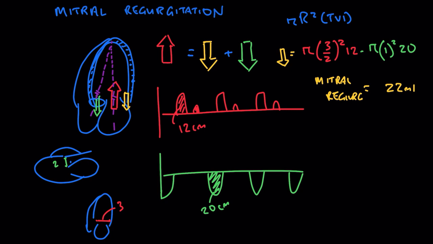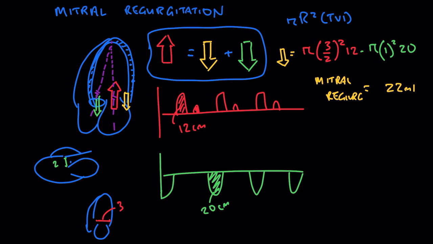So again, a couple different steps here, but I want to emphasize that all we did is we said conservation of mass and flow implies that whatever comes into the LV, the red arrow, has to be equal to whatever leaves the LV, whether it's leaving appropriately, the green arrow, through the aortic valve, or whether it's leaving inappropriately, mitral regurgitation, with the yellow arrow.